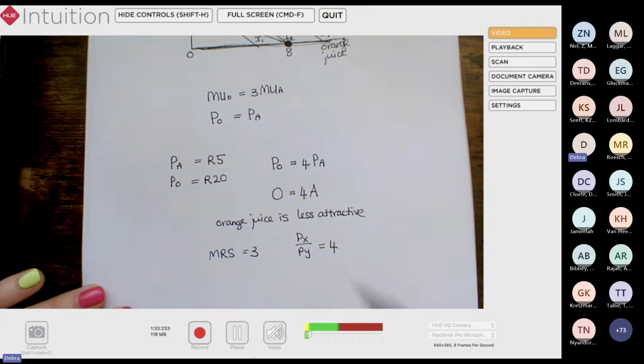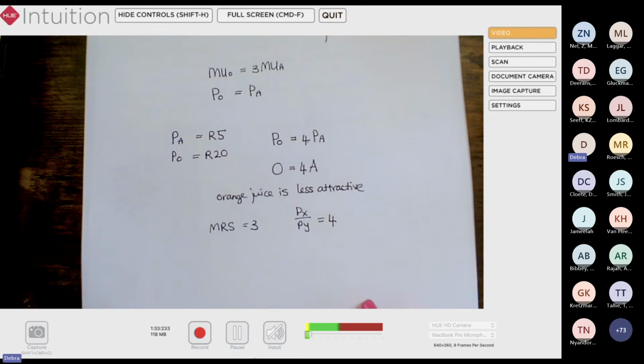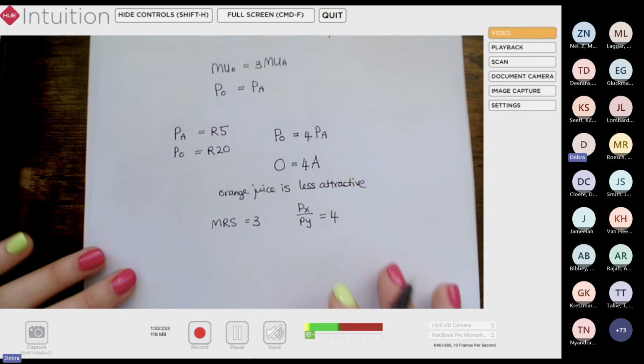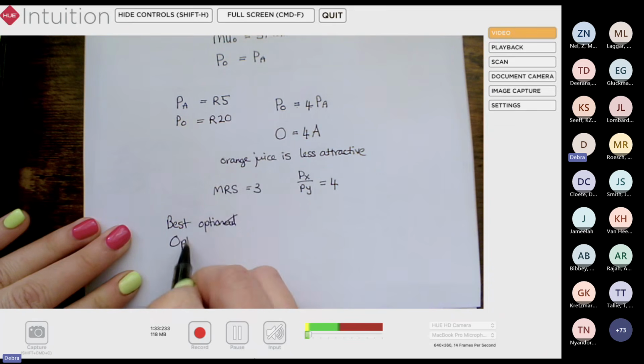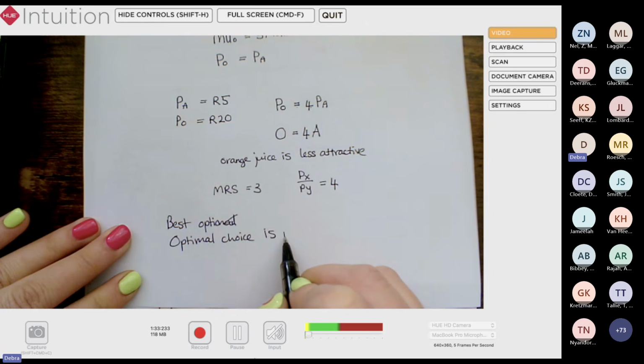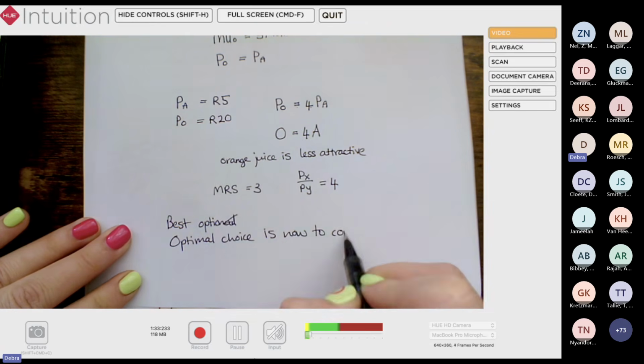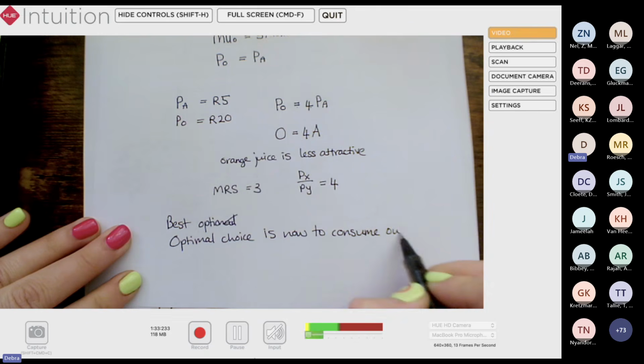In a world in which apple juice becomes 5 Rand, my optimal choice is now to consume only apple juice. So things have completely changed.